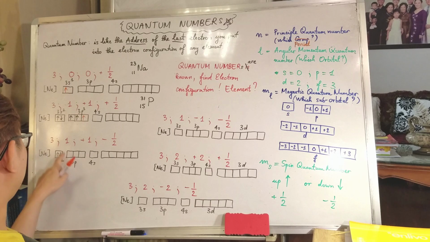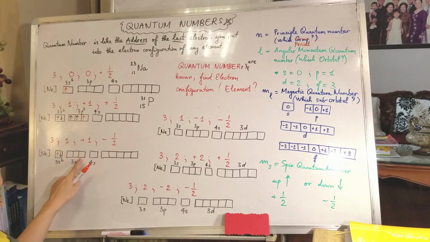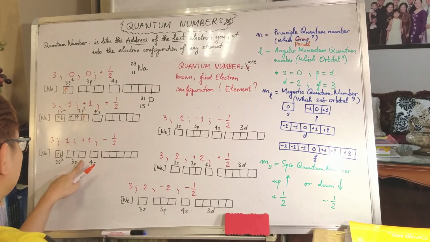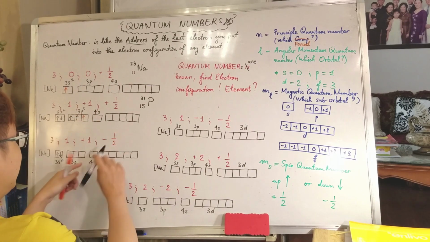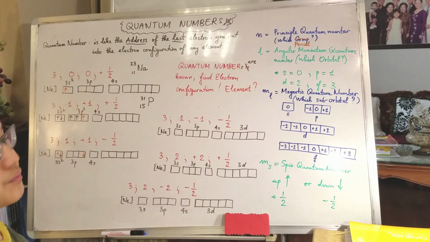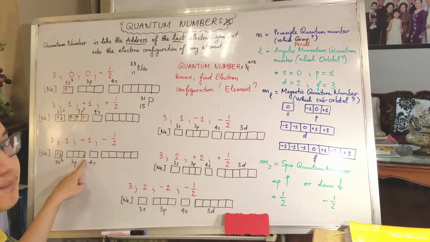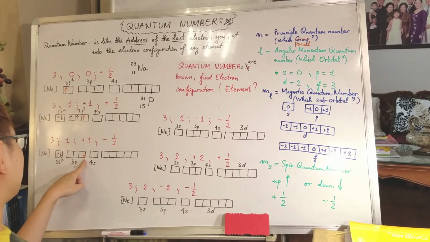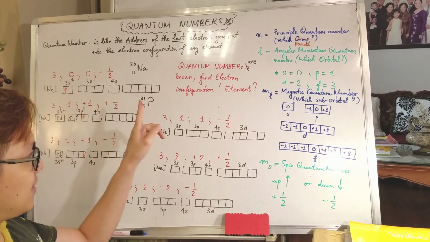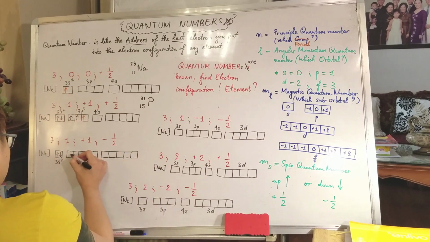So 3p and then plus 1, which means this square on the right. So the same situation like this, and then it's going down. So what does it mean if it's going down on this square? It means that all of these 3 squares have to be up first according to Hund's rule. Half fill first.